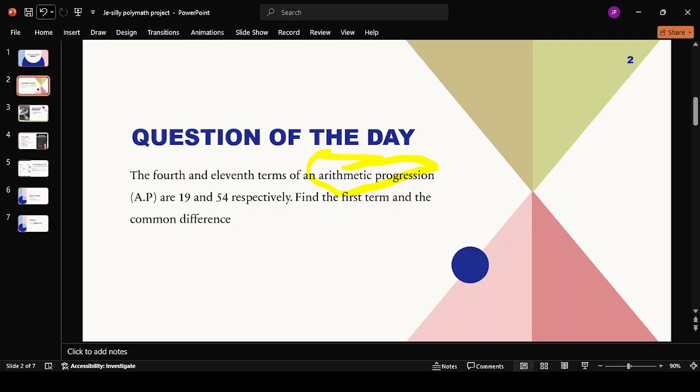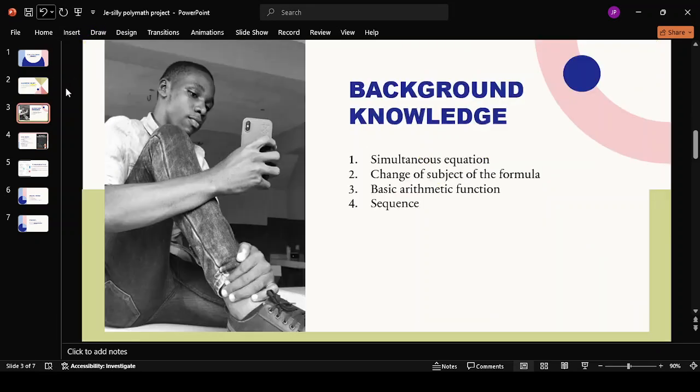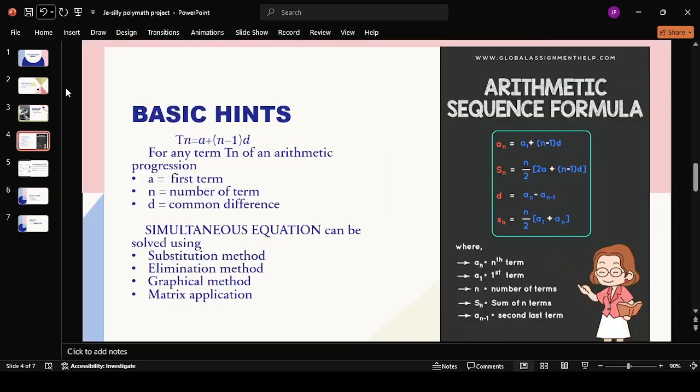So we want to consider basic hints before anything. What are the basic things we should know, basic ideas we should have before we solve this problem? Now, the first thing we want to do is understand the formula for arithmetic progression.